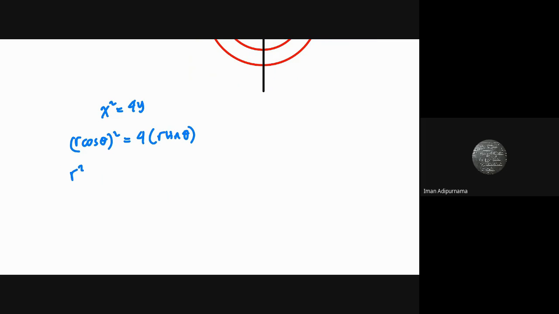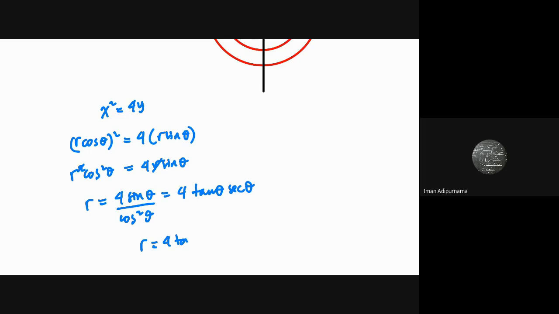Let's start to solve this. Or we can have 4 tangent theta secant theta. So we call this polar equations.